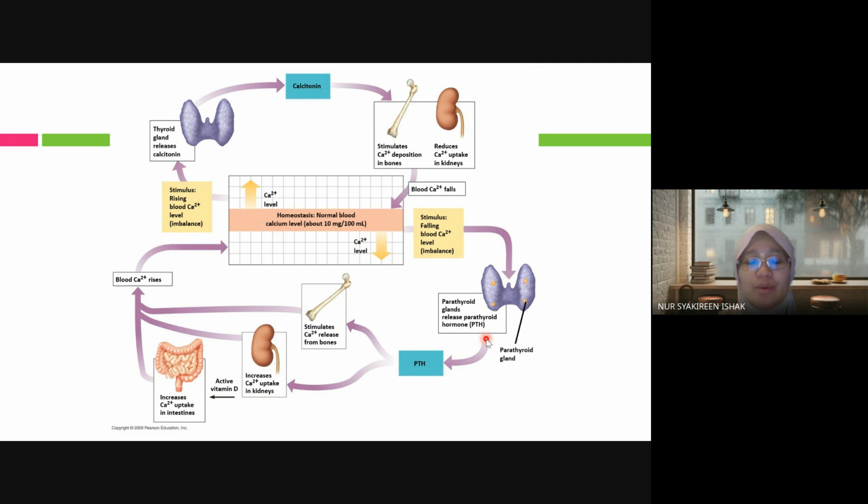Kalau soalan tanya kan, what is the function of the hormone calcitonin? Dua markah lah dia bagi. If you write, the function of hormone calcitonin is to regulate calcium level, titik, tak dapat, you may not receive any marks. Kenalah cerita macam mana kan. So when blood calcium level increases, it causes calcium to be deposited into the bones. You have to explain.